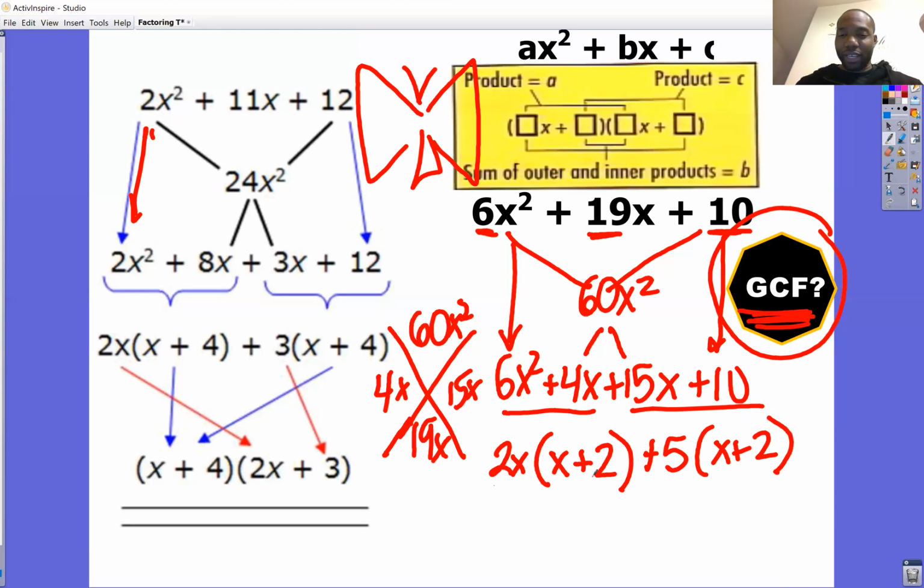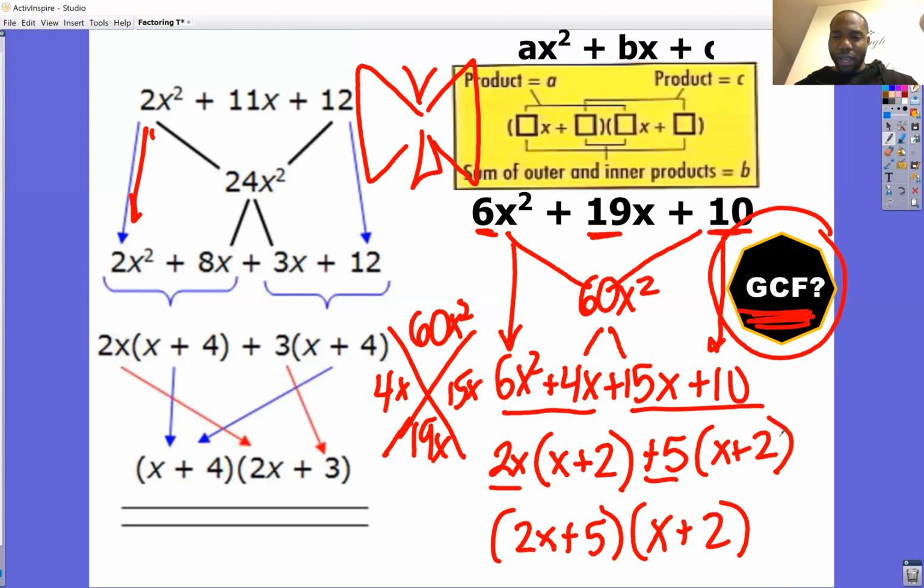And now bring our GCFs together to form one term. Then bring this together to form our last term: 2x plus 5, x plus 2.